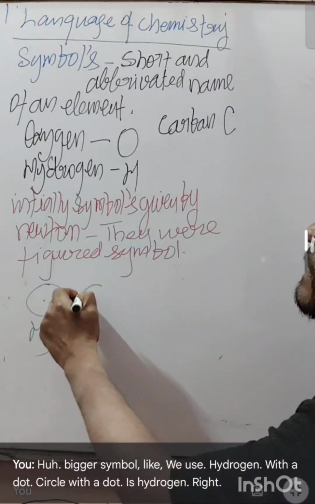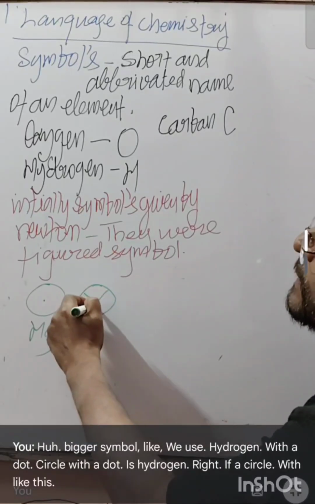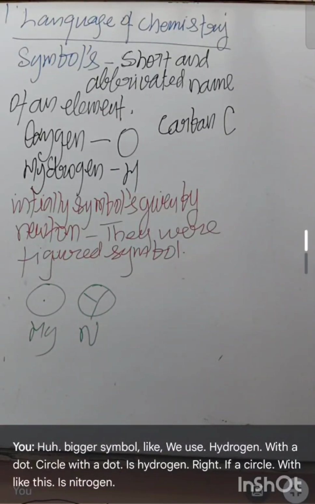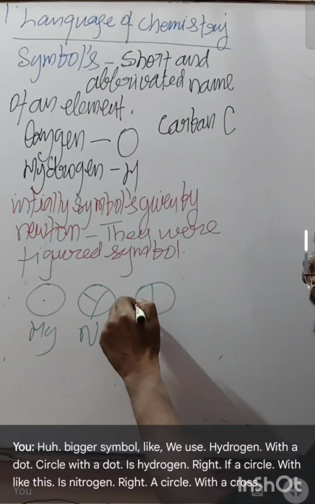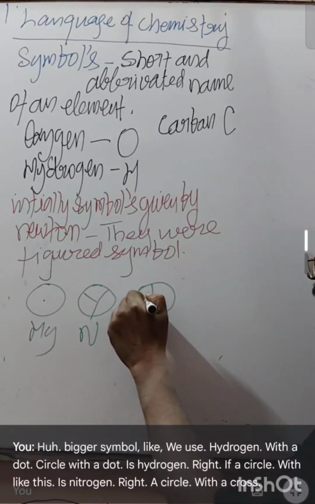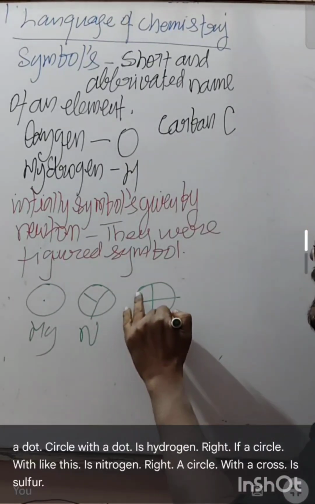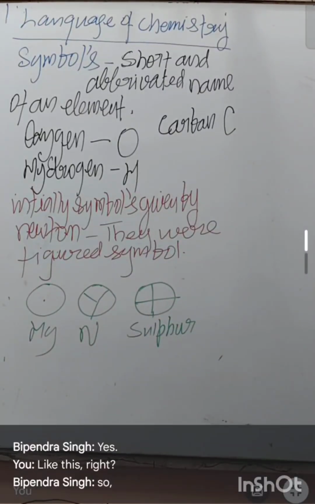A circle with a line like this is nitrogen, right? A circle with a cross is sulfur, like this, right? Yes.